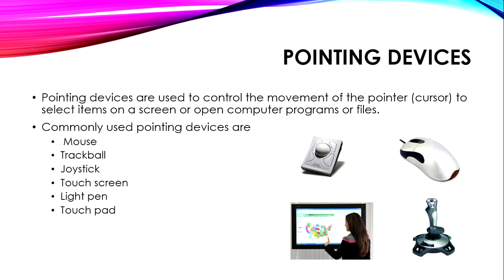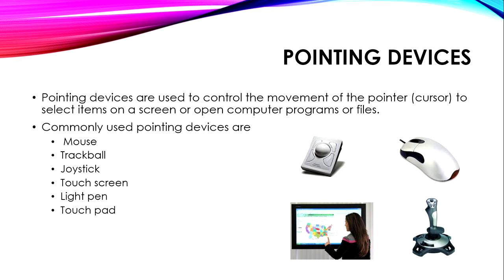Instead of using a pointing device, the user can use a finger to point directly to the object on the screen. Touch screens are generally attached to computers, but they are popular in other devices such as mobile phones, satellite navigators, and personal digital assistants.